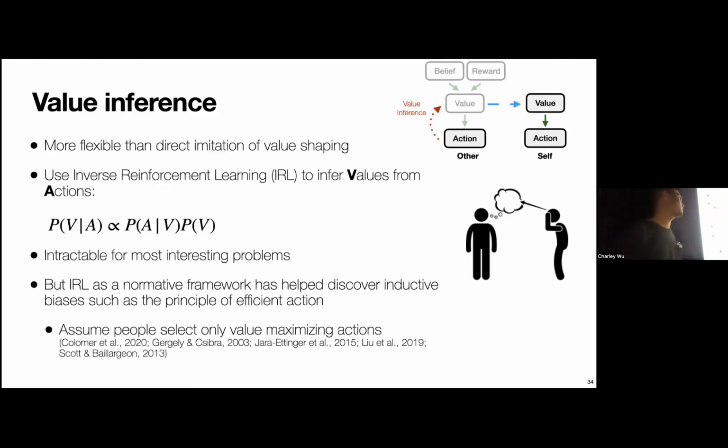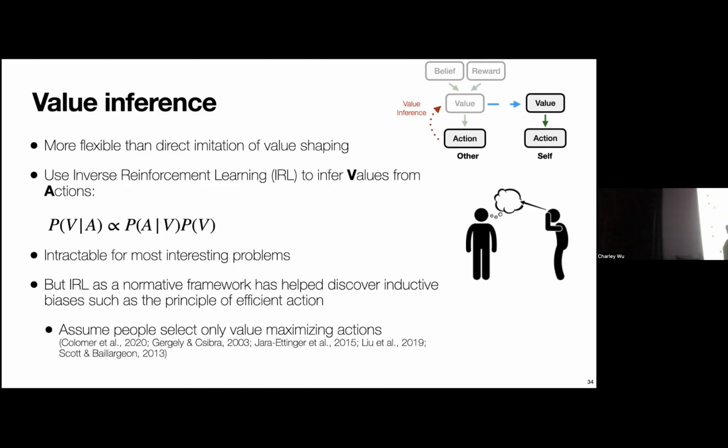But as a normative framework, it's also been very helpful for discovering inductive biases that point a bit towards how humans might do this. And one inductive bias is known as the principle of efficient action, where we essentially assume that people are going to be maximizing value as much as possible, right? There's a lot of possible actions you can take based on your value function, but if you assume that you're only going to select actions that maximize your value, then this constrains the problem a bit.